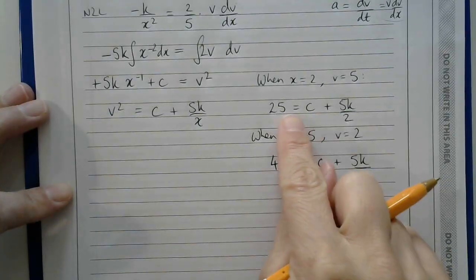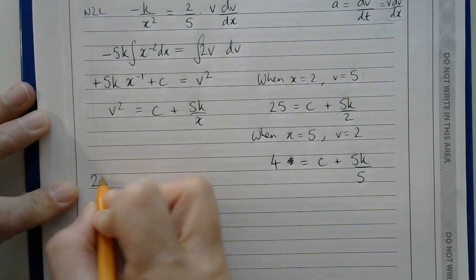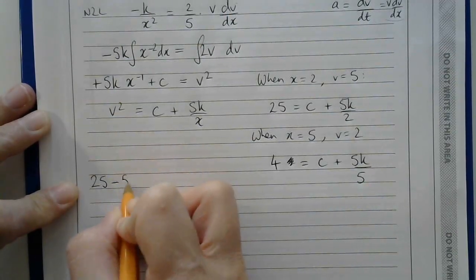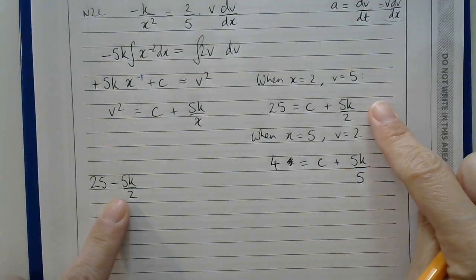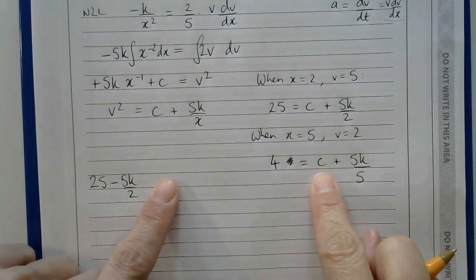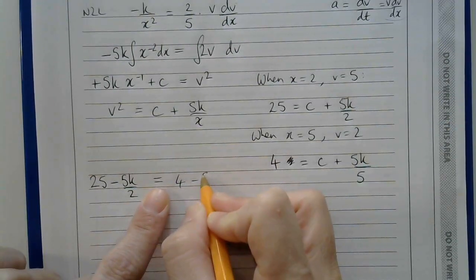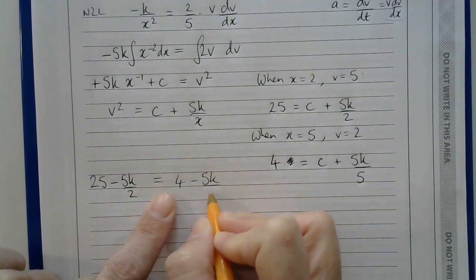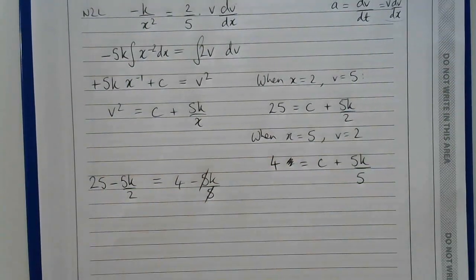So actually, come to think of it, if I rearrange this one to give me c, I get 25 minus 5k over 2, and that gives me c from this equation. To get c from this equation, then I get 4 minus 5k over 5, which is in fact k.